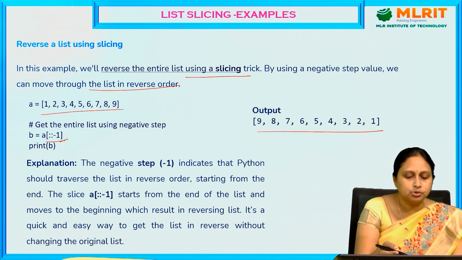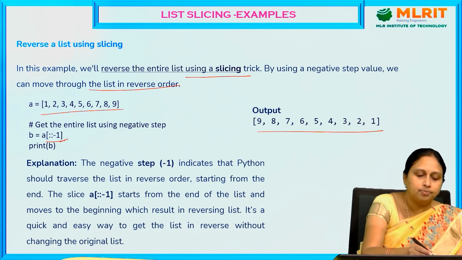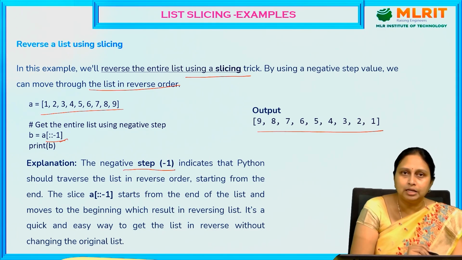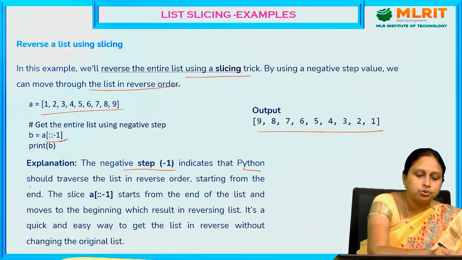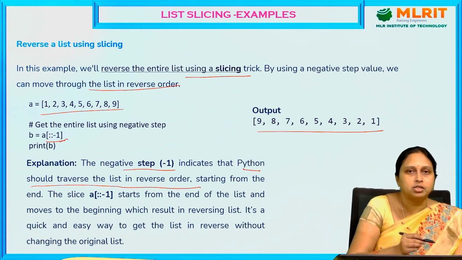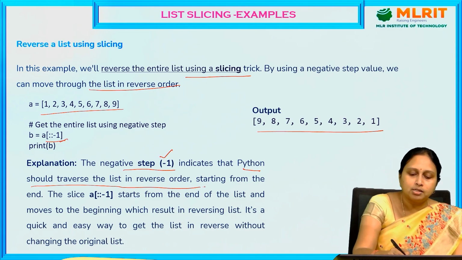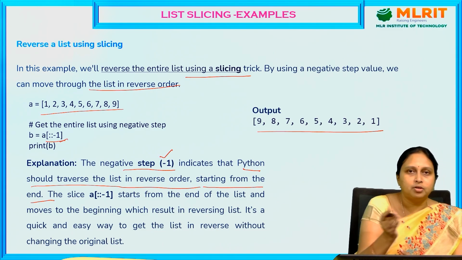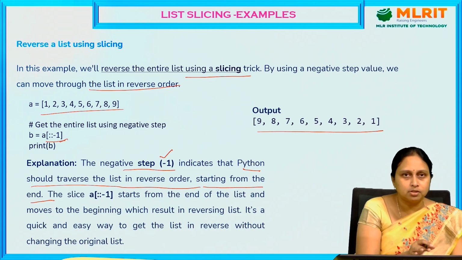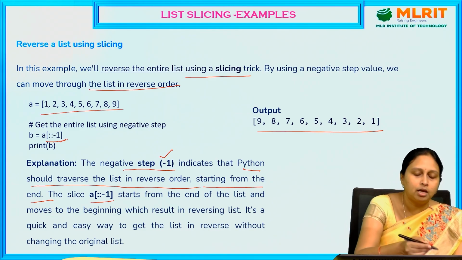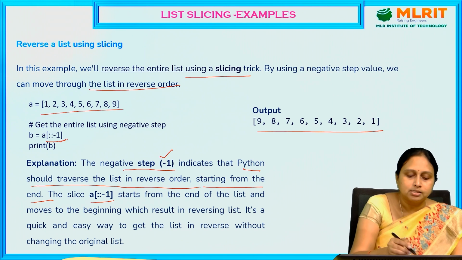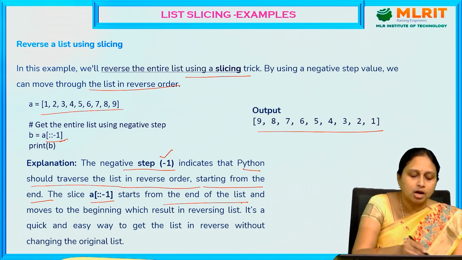Let us see the statement given here. The negative step -1 indicates that Python should traverse the list in the reverse order. If I specify the step as -1, it is completely traversing the list in the reverse order, starting from the end. The slice operator A[::-1] starts from the end of the list and moves to the beginning, which results in reversing the list.